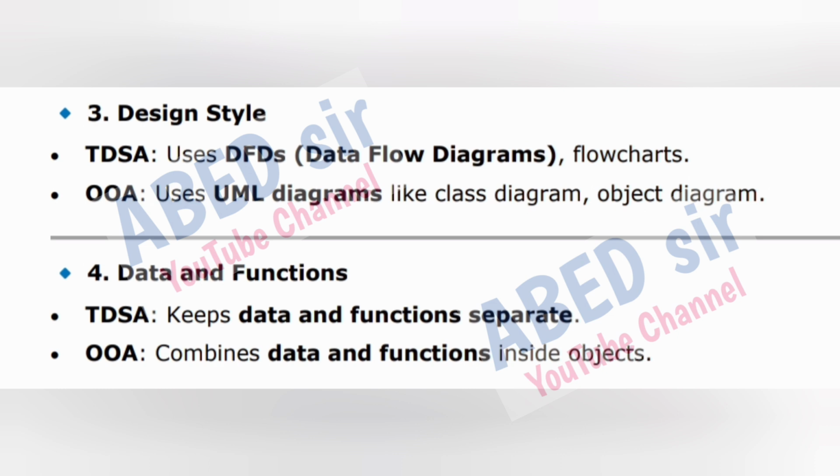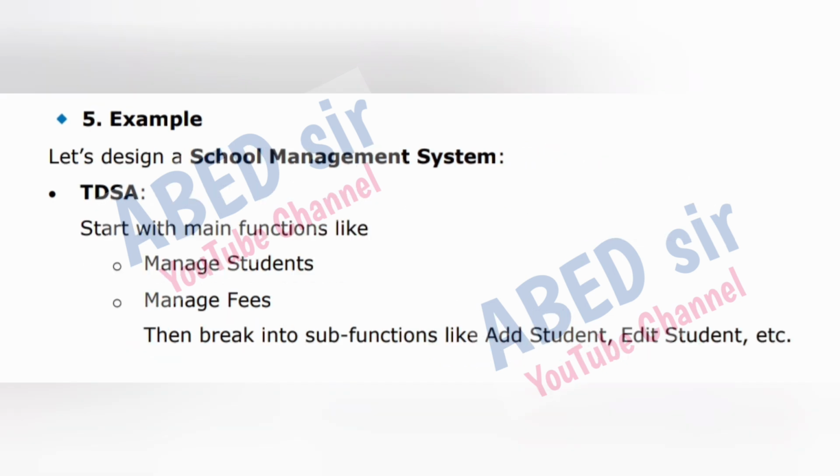4. Data and functions. TDSA keeps data and functions separate. OOA combines data and functions inside objects. 5. Example. Let's design a school management system. TDSA: start with main functions like manage students, manage fees.